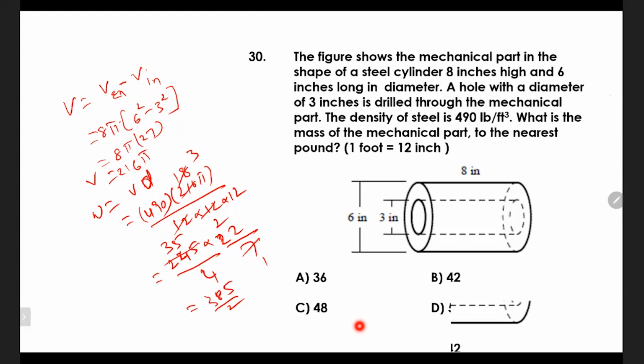So now, calculation errors could be there. So 12 ones 12, 12 eights are 96. So the next, 6 twos, 6 threes. 3 cancels 4 times. So now you'll be getting it as 490 by 2 is 245. 2 2s are 4, 2 4s are 8, 2 5s 10, 245.